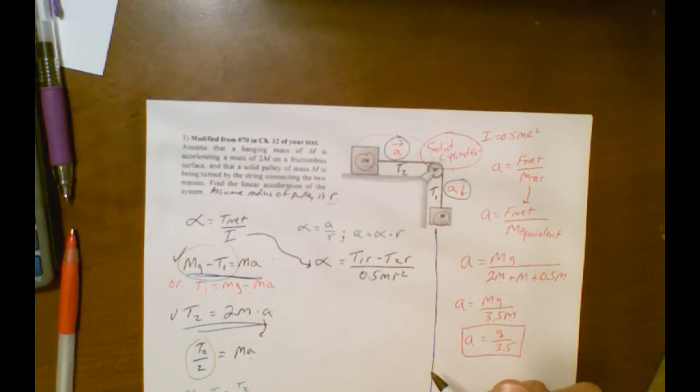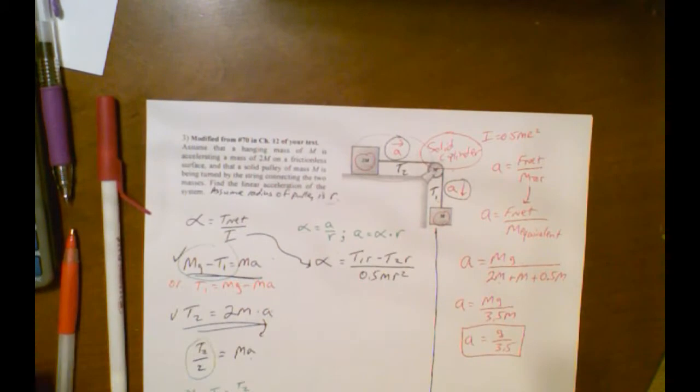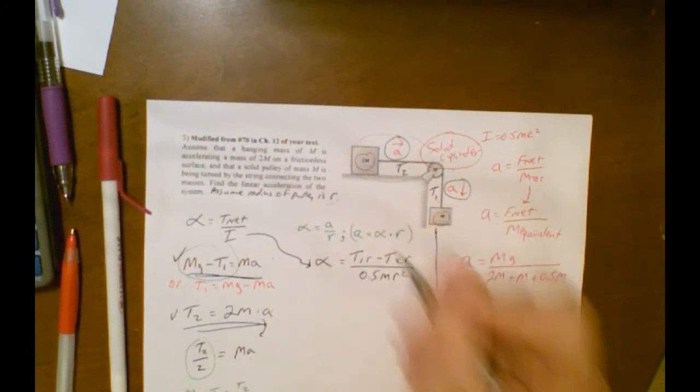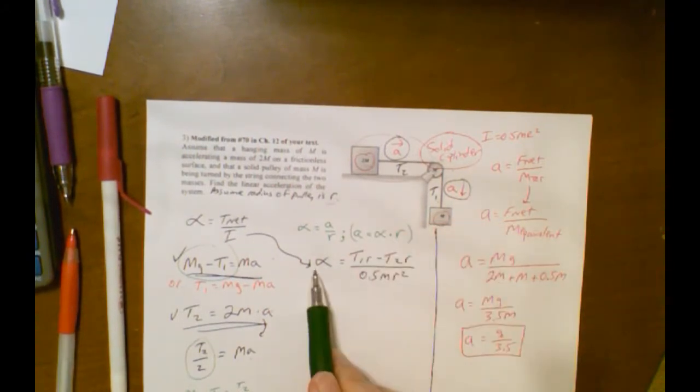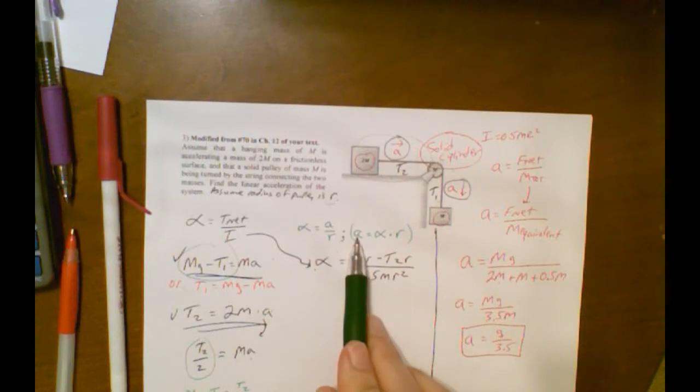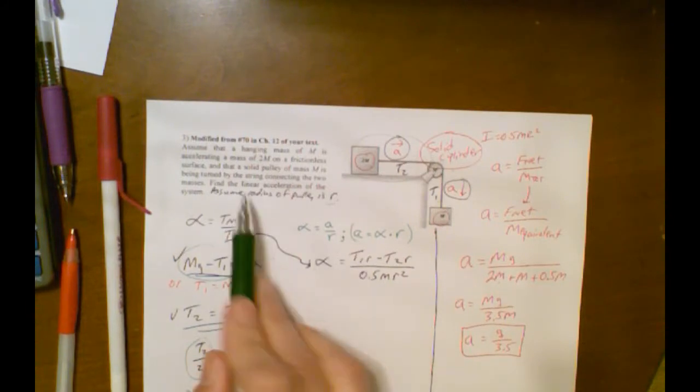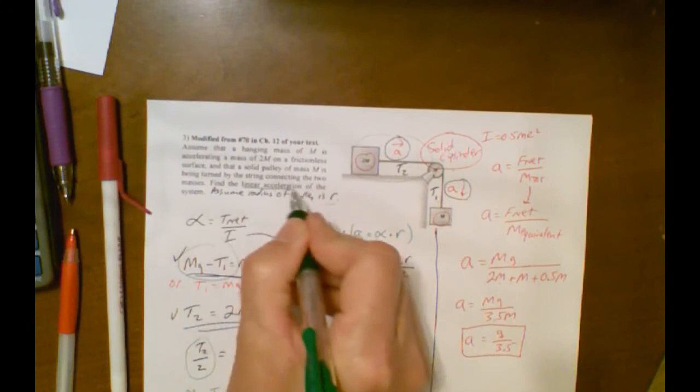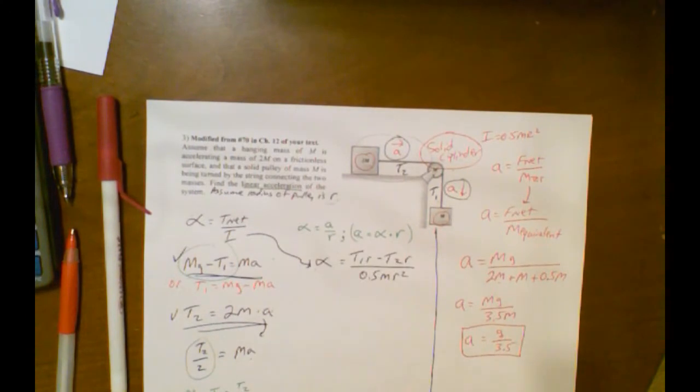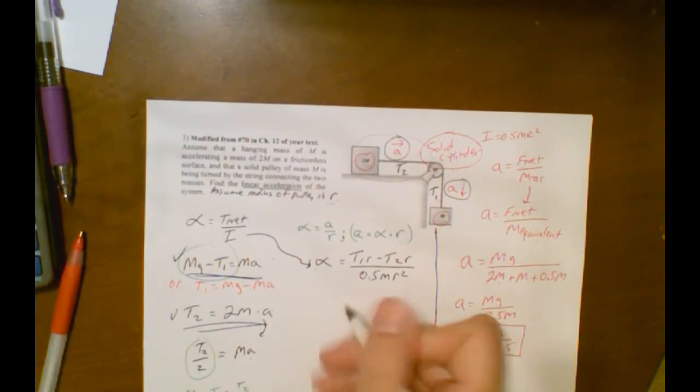But I can actually go back and use this, which I put right above here. If I want to put this in terms of linear acceleration, which is what I'm going for down here, then I take all this and multiply it by the radius. We're going to see that that's actually kind of a nice thing.